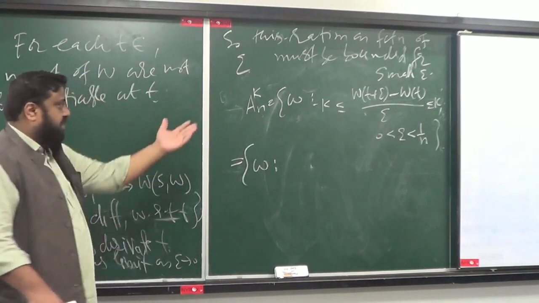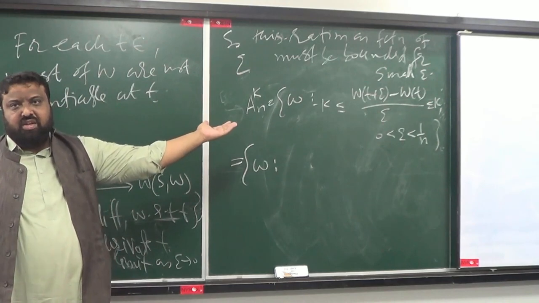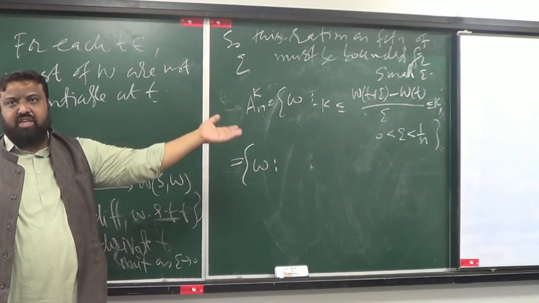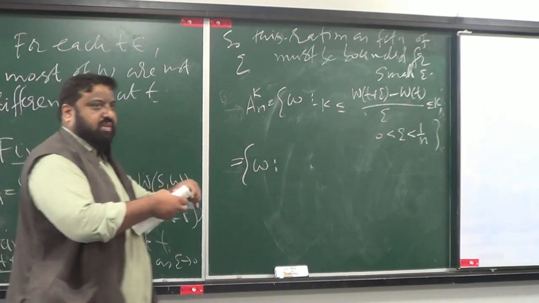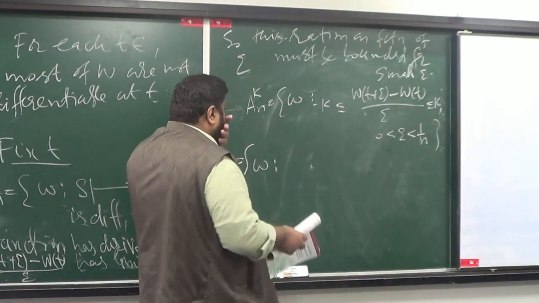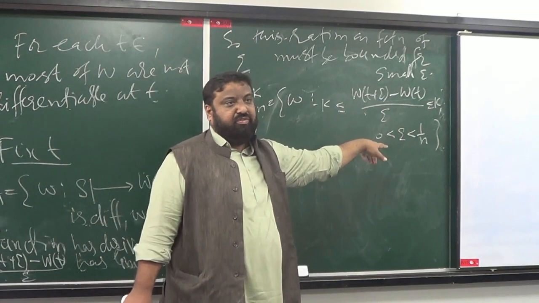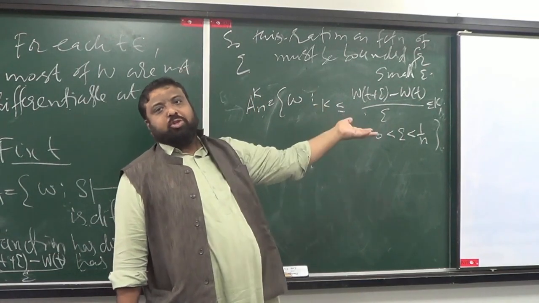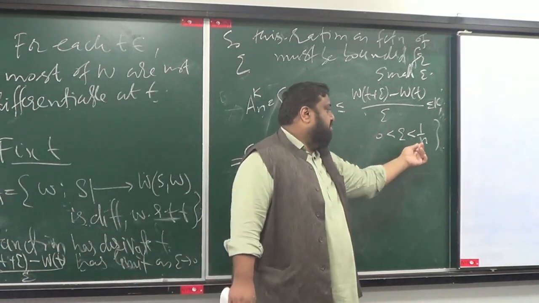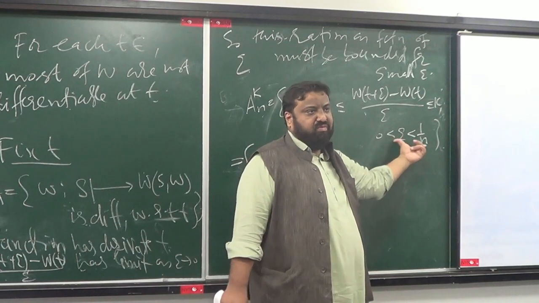If this ratio is bounded, you can always find such a k for every such epsilon.